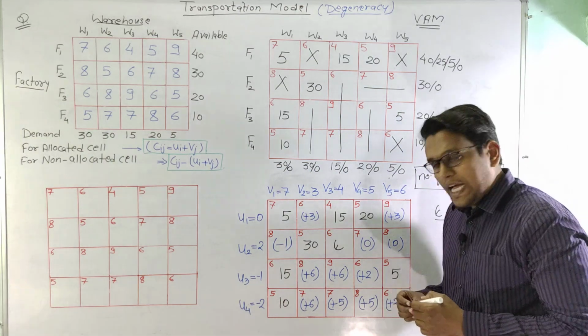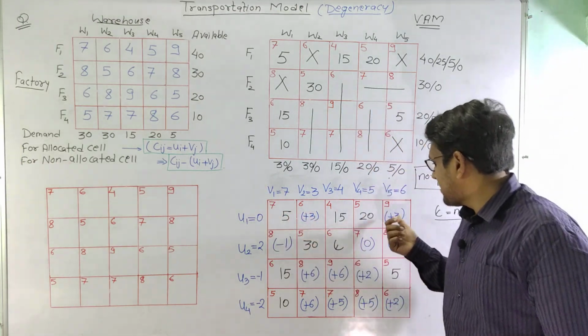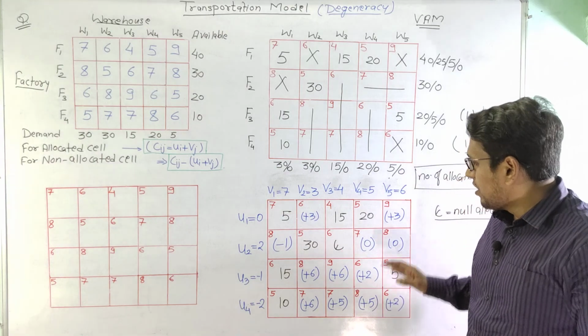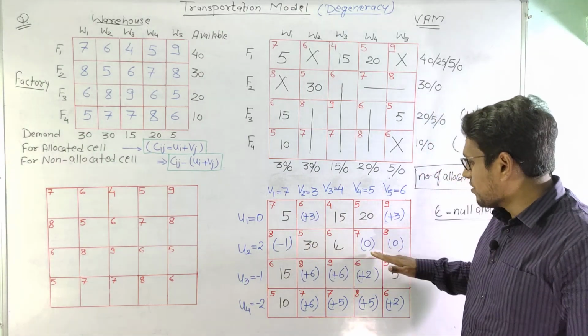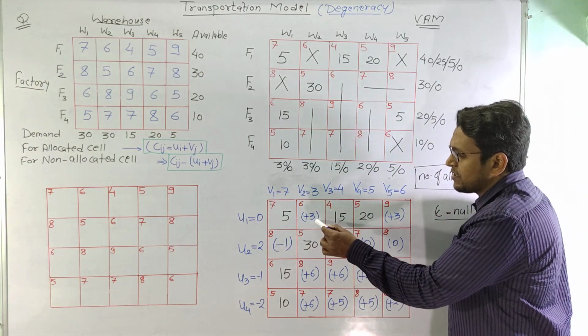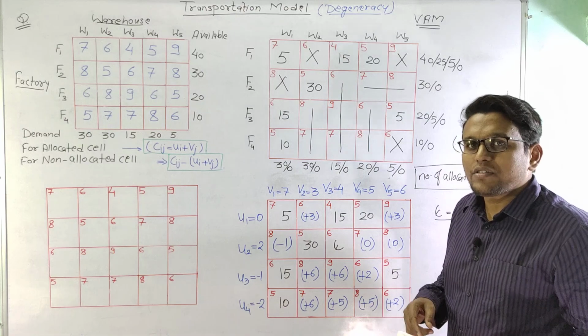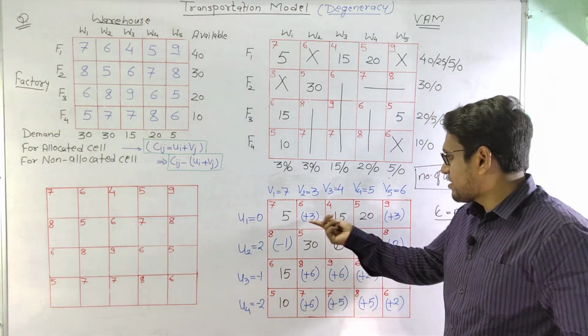So now, as we have calculated the values at all the non-basic cells, we can see that all the values except this cell are either 0 or positive. That means by allocating in these cells, the total transportation cost will increase by plus 3 rupees.